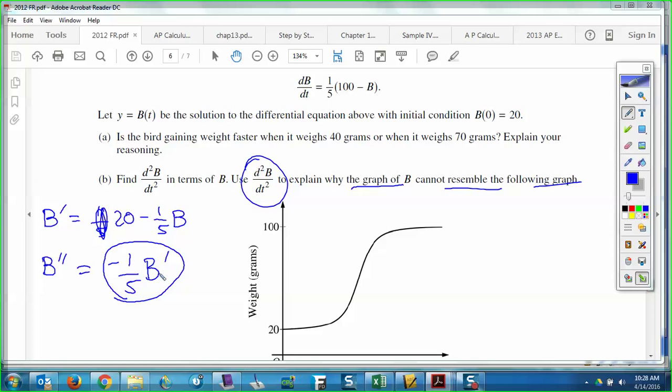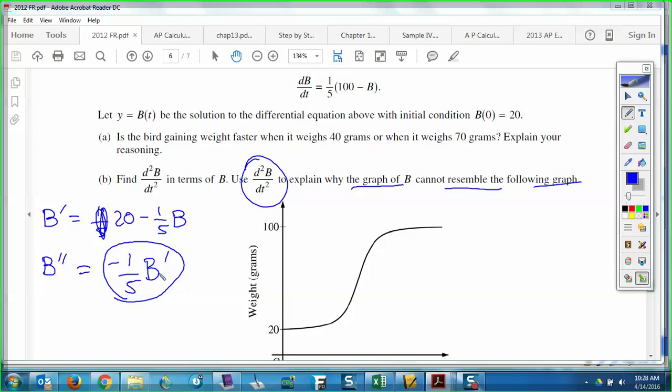Isn't b prime positive all the time? Why? Because the bird is always gaining weight, right? B is its weight. So b prime is the rate of change. If the b graph is always increasing, then b prime always has to be positive.